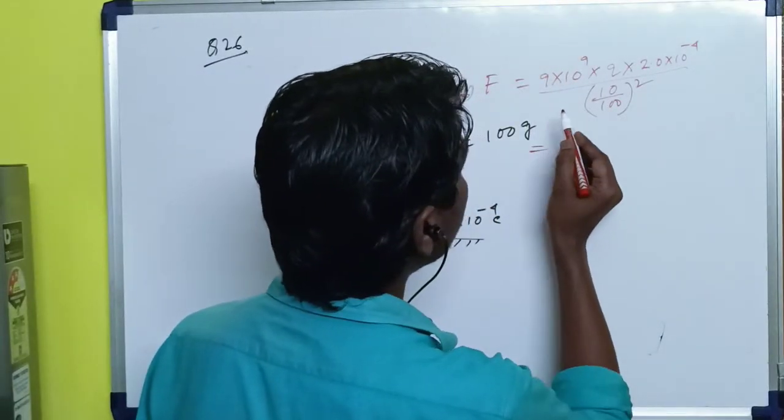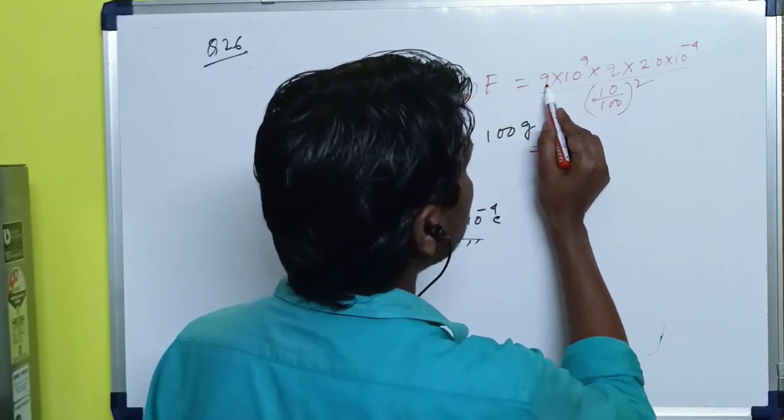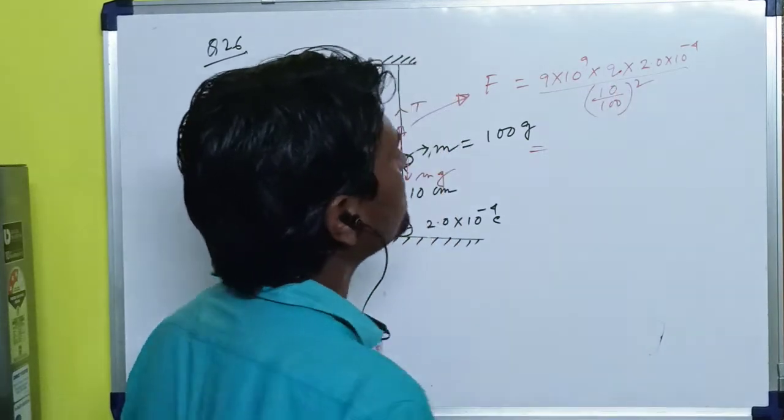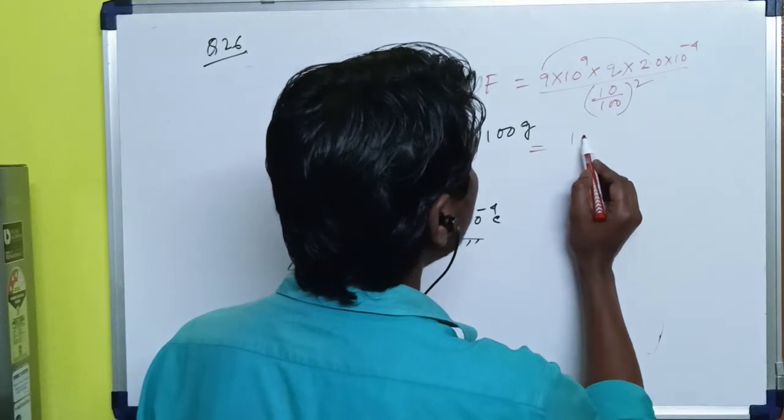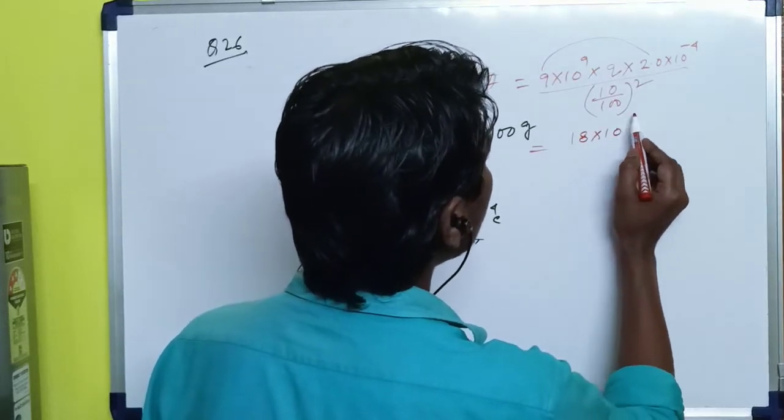We can simplify it, so 9 into 2, 18 into 10 to the power 5.